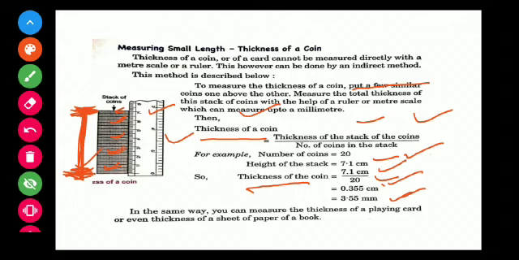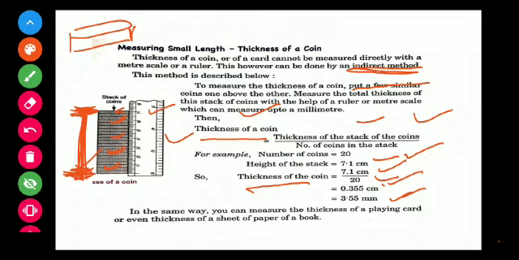This is the method to measure the thickness of a coin by the indirect method. Directly, with the help of a meter scale, it is a little bit tough. In the indirect method we place coins one above the other, forming a stack, and we measure the height of this stack.